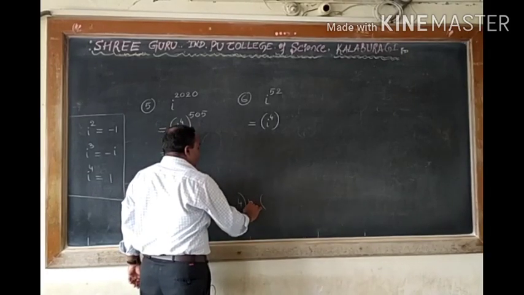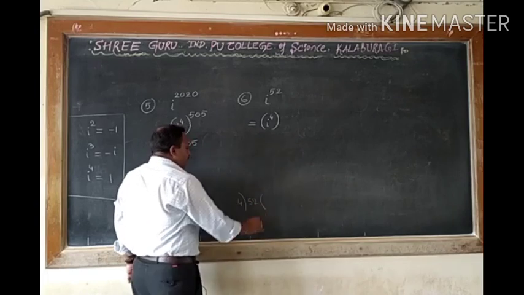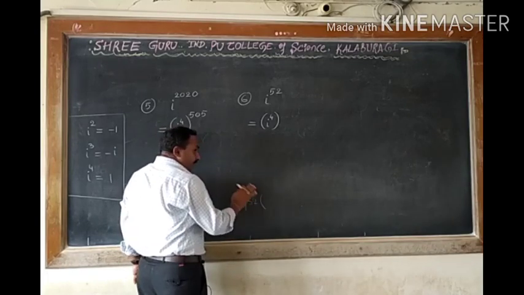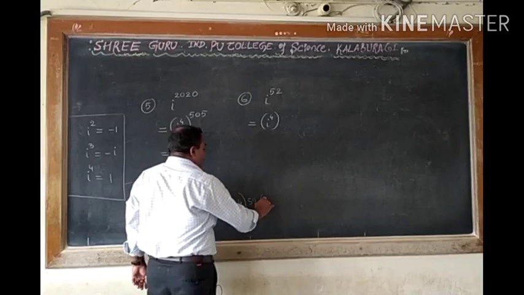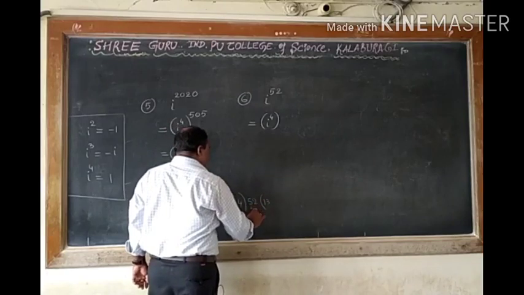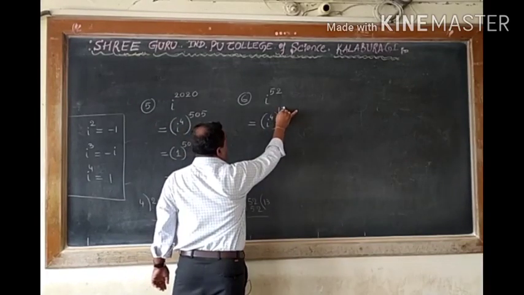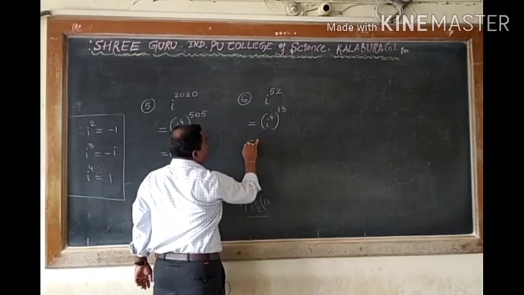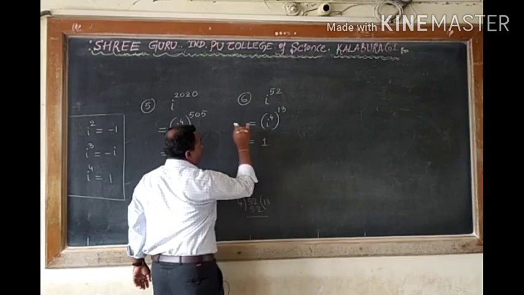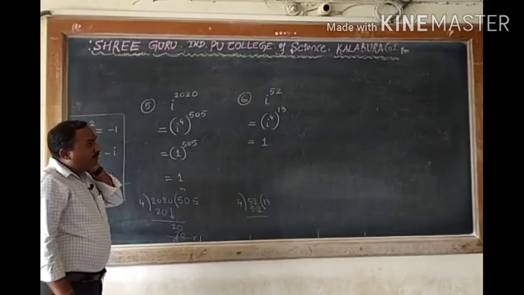Round the number, no remaining, so the value is 1. I power 4 value is 1.